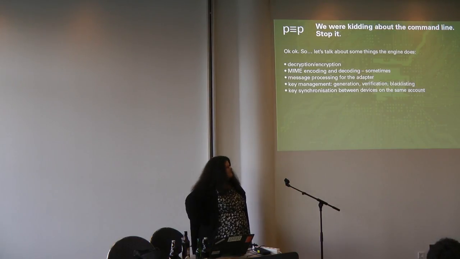The other thing is it's multi-crypto, so it will do S-MIME, PGP, OTR, GNUnet, and you don't see any of that. The engine looks at what's the best available, and that's the one it picks. If it has no information on your counterpart, then it will just send it unencrypted, because PEP never stops the communication, and it just picks the best protection that's available with the counterpart it's sending to.